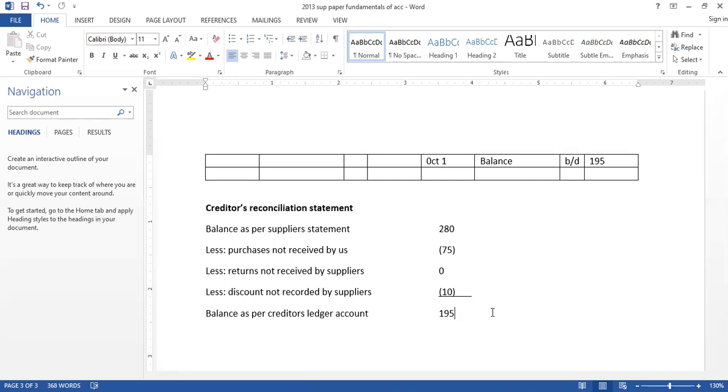Question 4 has to do with NGOs, non-profit making organizations. So we'll draw up our trading account, income and expenditure statement, and balance sheet as well. And we'll do that at 5 o'clock today.